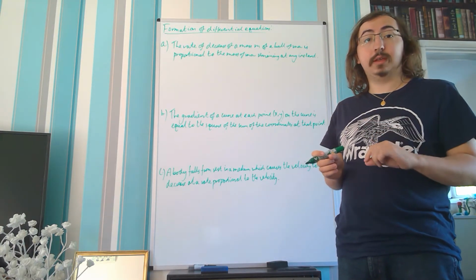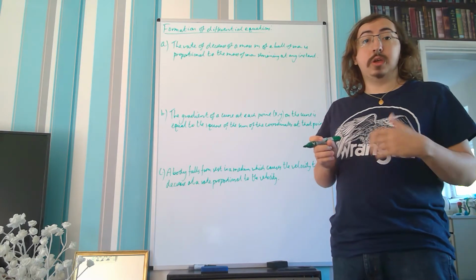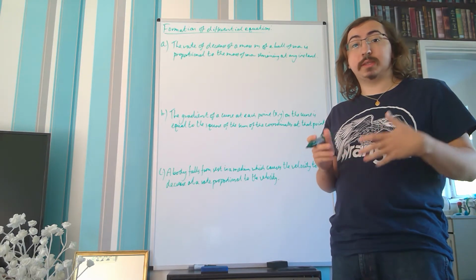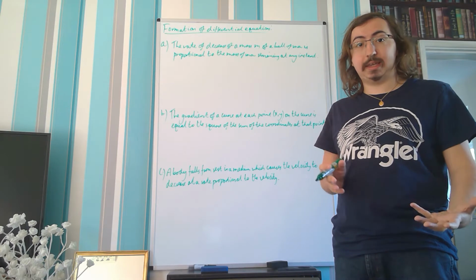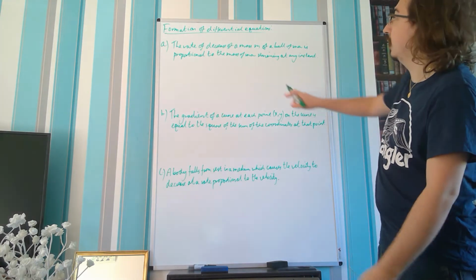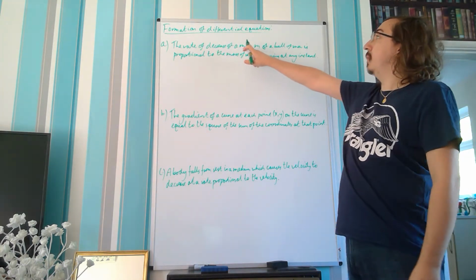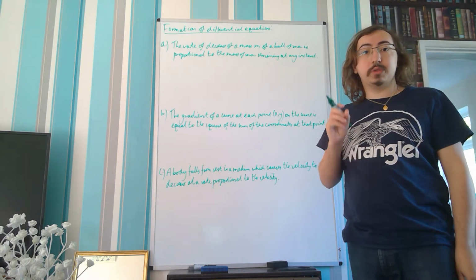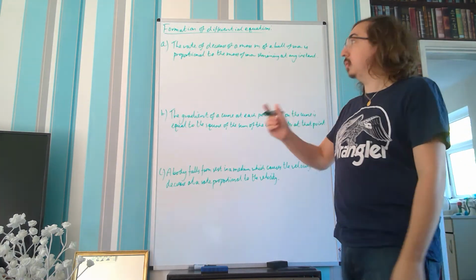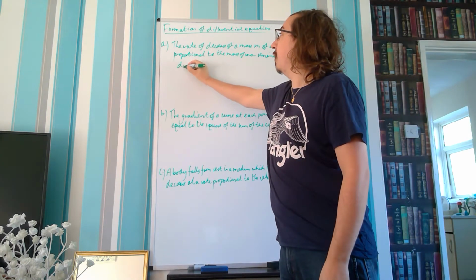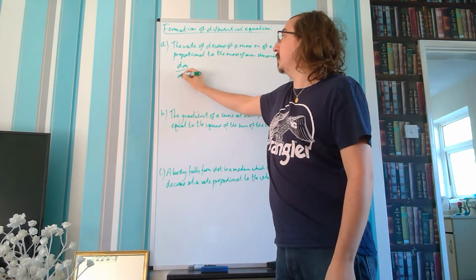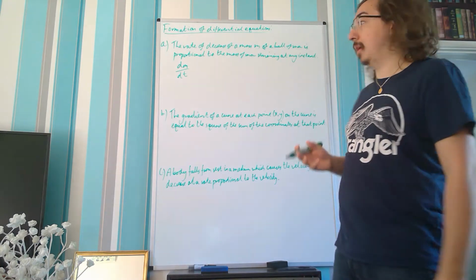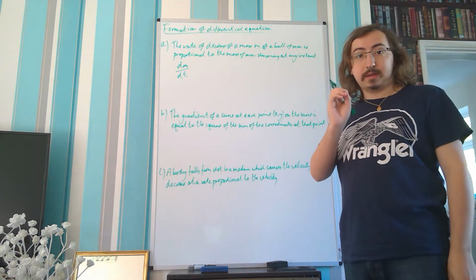And specifically, you're differentiating with respect to time, so it's going to have a dt in the denominator. For this problem, the thing that is changing is the mass of the ball of snow. So we want dm with respect to time, dm by dt. That's our differential.